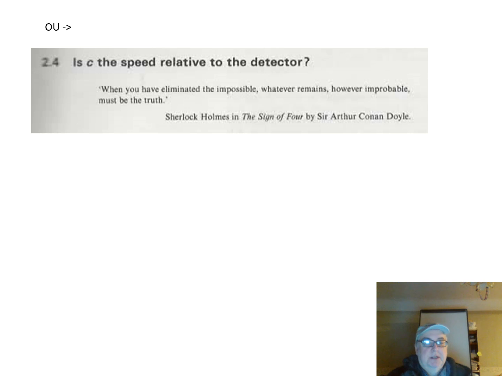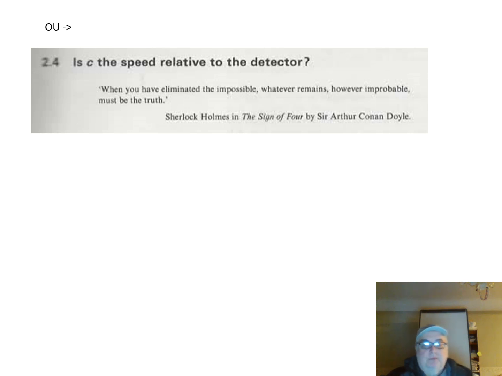Open University asks the question, is c the speed of light relative to the detector? And it quotes Arthur Conan Doyle from the Sherlock Holmes story, where Sherlock Holmes says, when you have eliminated the impossible, whatever remains, however improbable, must be the truth.